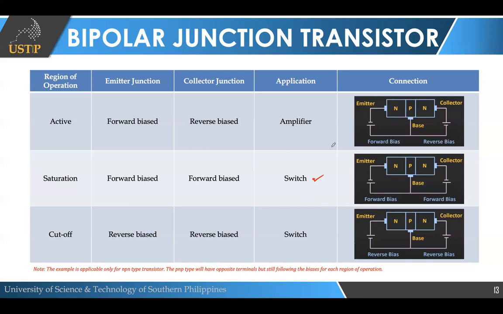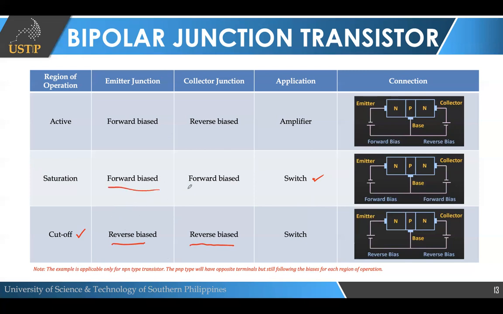Okay. So let's go to our cutoff region. For the transistor to work on its cutoff region, ang duha ka junction class ato nang i-reverse bias. Okay? So basically balira gyud siya sa saturation region.